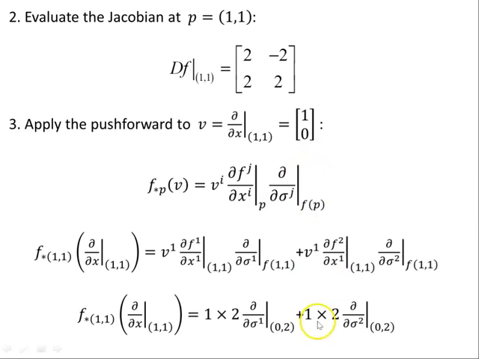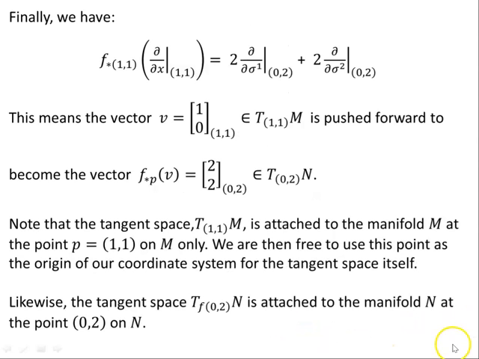And partial f2 partial x will be this one here, 2, and so 1 times 2, evaluated at 0, 2, so you can see what this is going to be. Next page over, this is equal to 2 partial sigma 1 at 0, 2, plus 2 times partial sigma 2, the other basis vector, at 0, 2 on the manifold N.